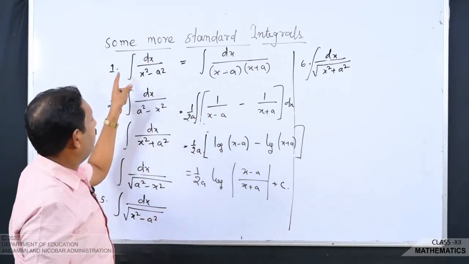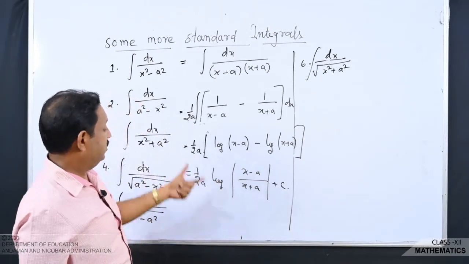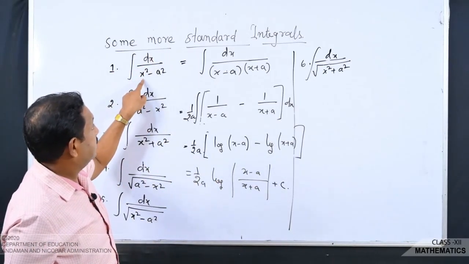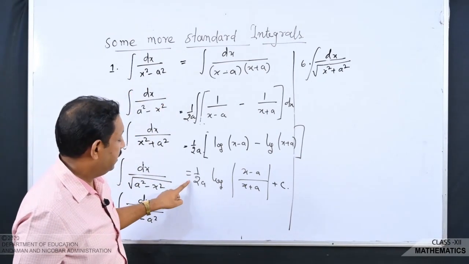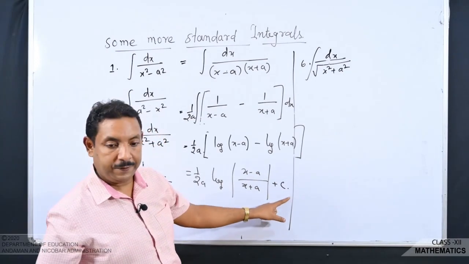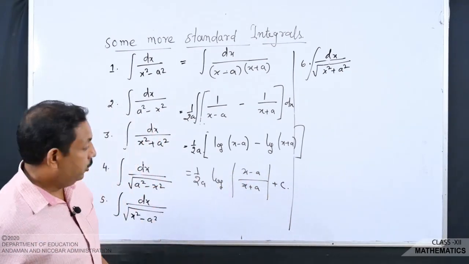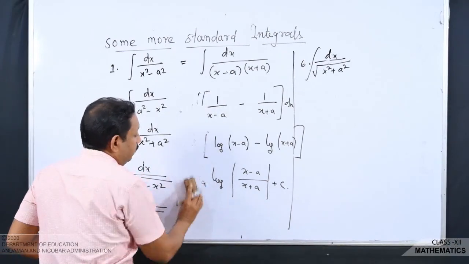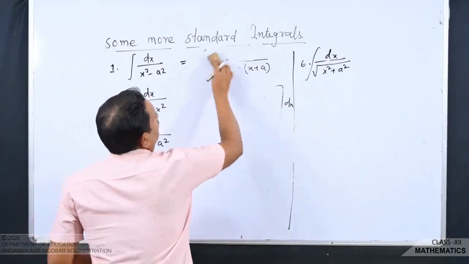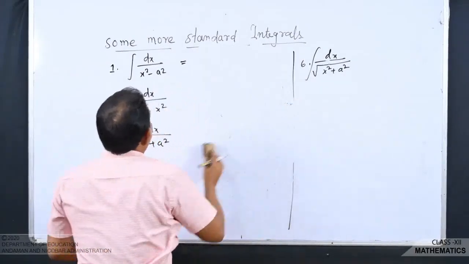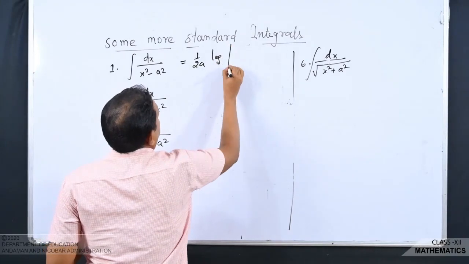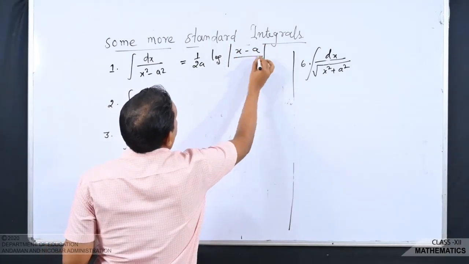So this is the standard form of this formula. Look here, integration of dx by x square minus a square can be written as 1 by 2a log of x minus a divided by x plus a plus c. So you have to remember it, or you have to calculate this integration.